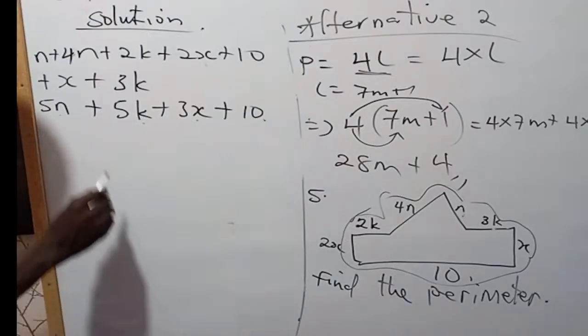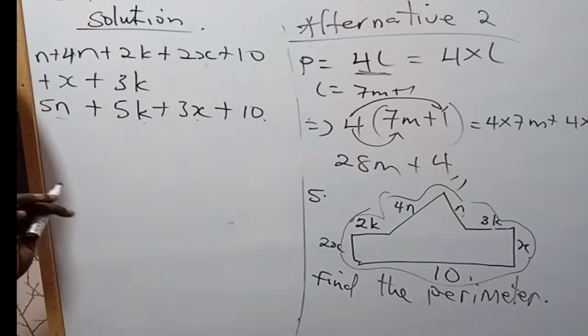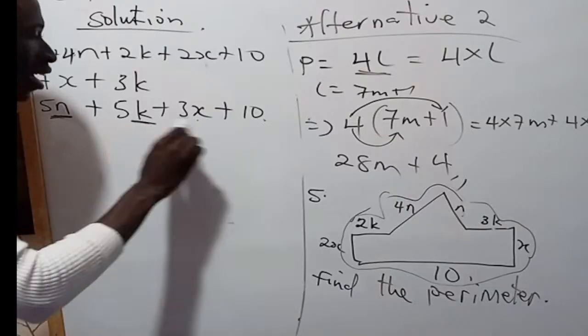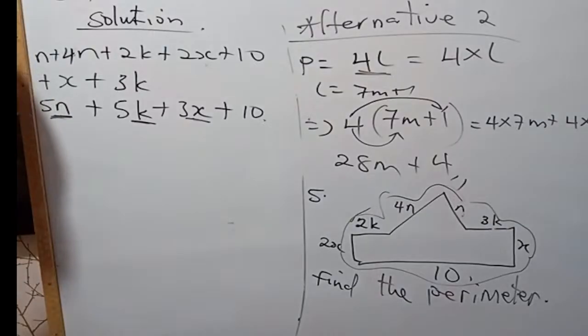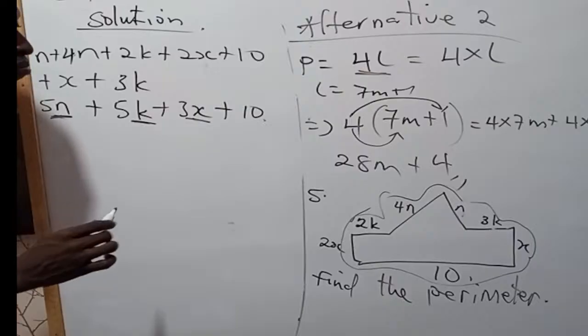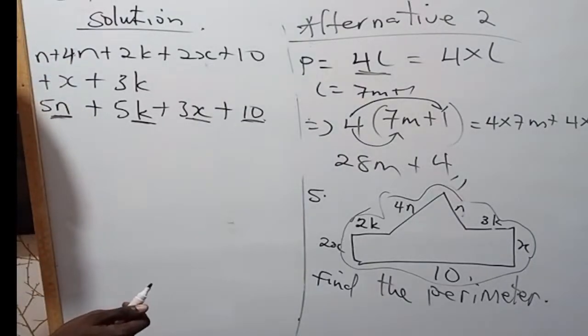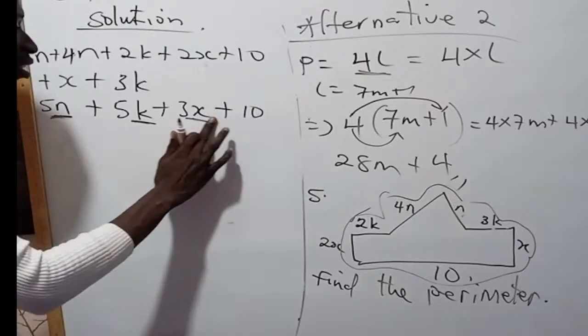All the terms here are unique. They are all different. Once the variables are different, you cannot add them. You can't put them together. The same thing to this, this one doesn't have any variable. This will be my final answer.